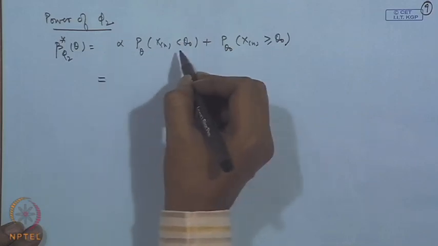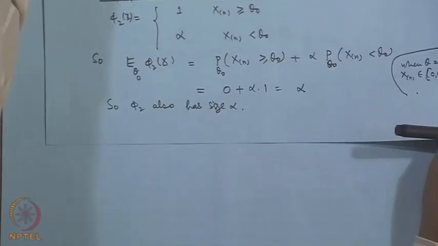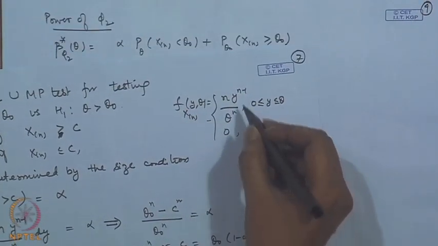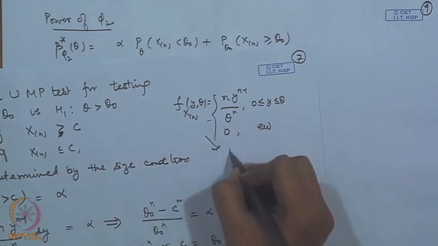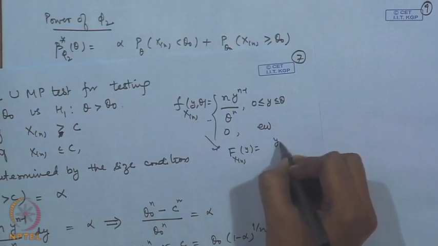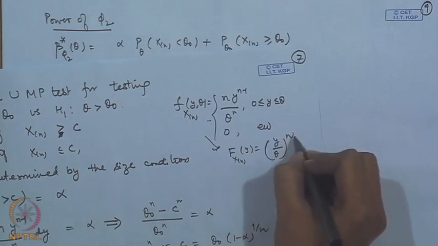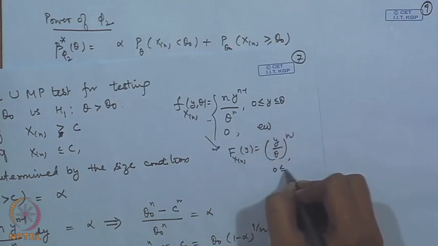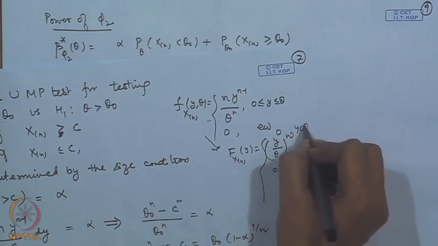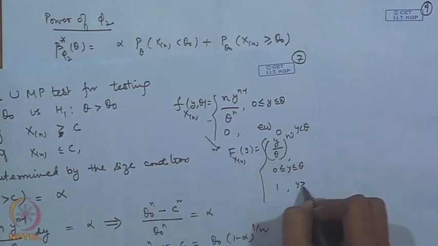Now, we have already considered the distribution of x n, which is of this form. So, what is CDF here? That is y by theta to the power n for 0 less than or equal to y less than or equal to theta. It is 0 for y less than 0, it is equal to 1 for y greater than theta.